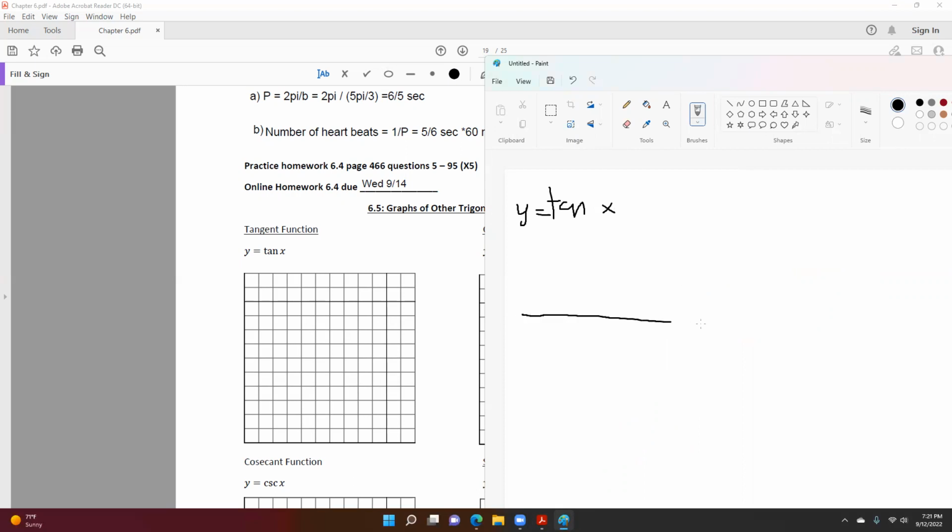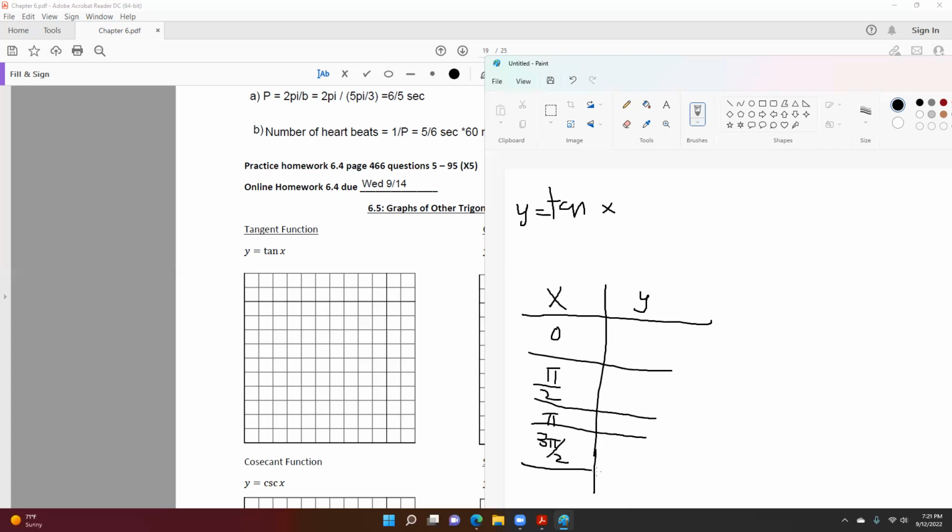When you do a tangent graph, we will be using the same coordinates we use for sine and cosine. We use 0, pi over 2, pi, 3 pi over 2, and 2 pi.